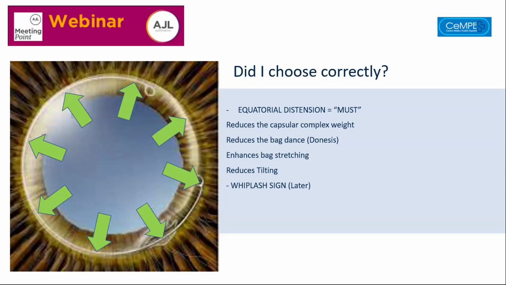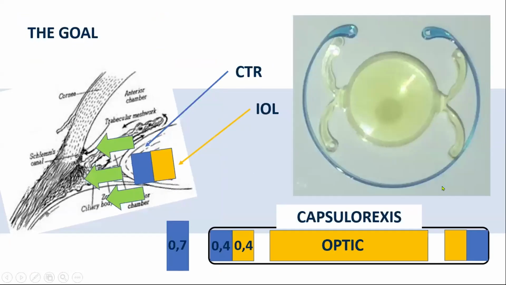Why? Because the capsular tension ring adds weight to the capsular bag and does not stretch the capsular bag and does not strengthen the zonule. So this is the theory, the theory of our goal by implanting the lens.